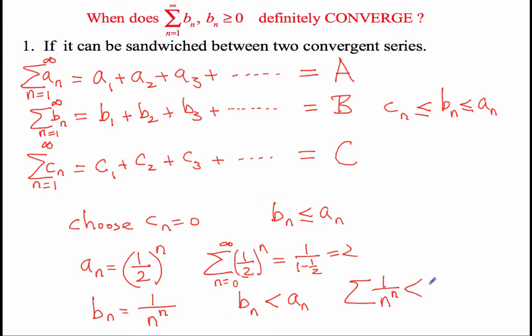We have the answer, because 1 over n to the n will be less than 1 over 2 to the n, and that's 2. So therefore, this series over here certainly converges. And the way we prove the convergence is we compared it with a series that is known to converge, and this other series, the convergent series, was bigger than the series that we were comparing it against.